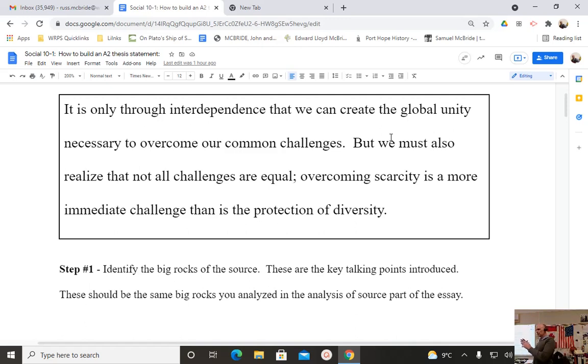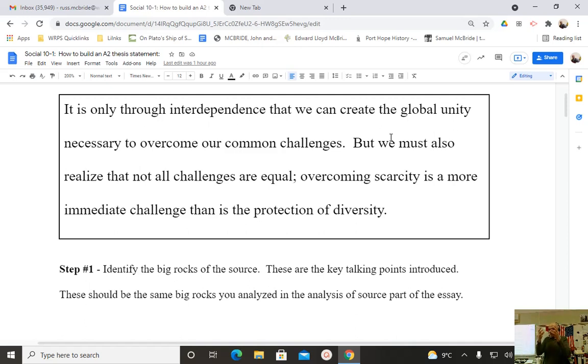The source is a beginning of a conversation with you. And in order for you to continue that conversation, you need to be talking about the same talking points. So this conversation that's been introduced to you, it includes ideas like common challenges. So somewhere in your thesis statement, either explicitly or implicitly, you need to address common challenges.